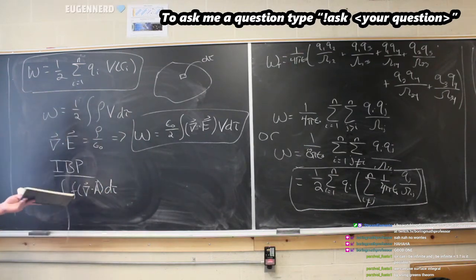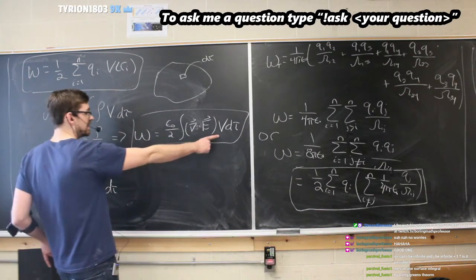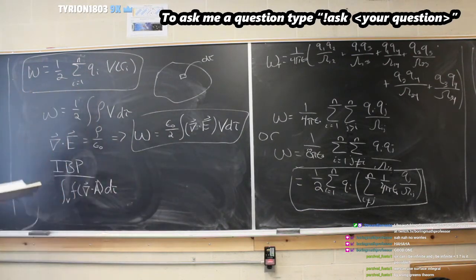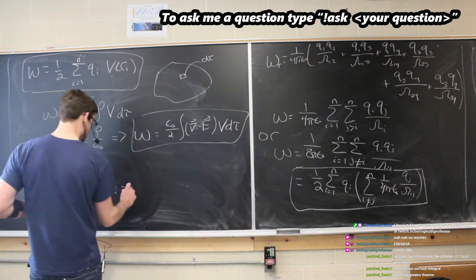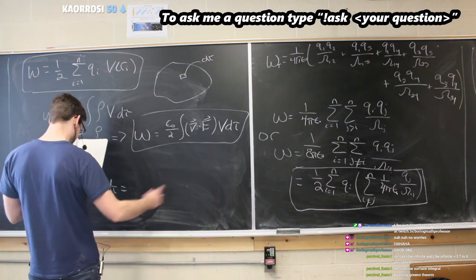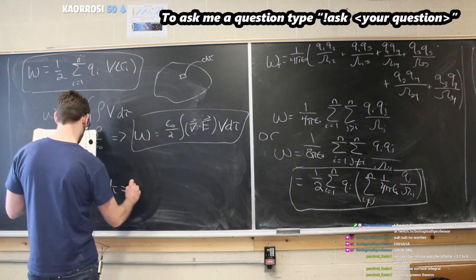But here we have some integral that looks just like this one, okay? And now we want to change it. The only difference is the scalar is here versus here, but it doesn't matter. We can just move them around. Because, of course, the divergence of E is also a scalar, so everything commutes in classical.